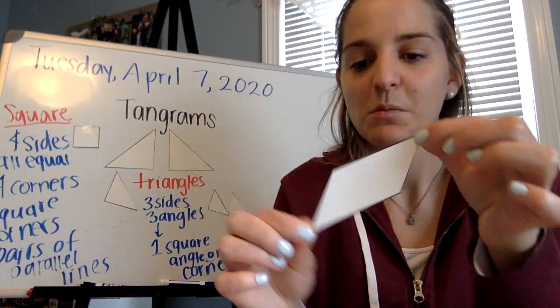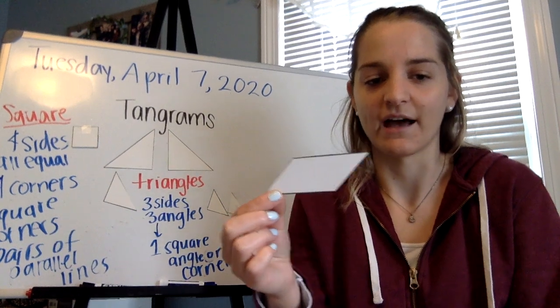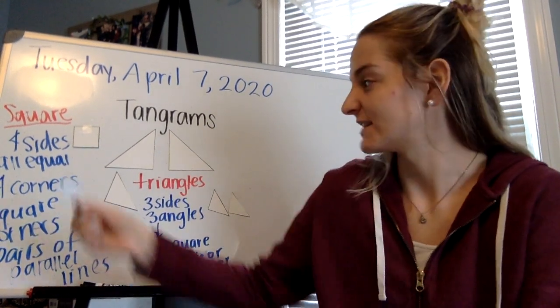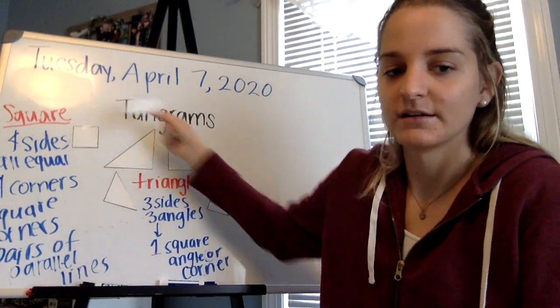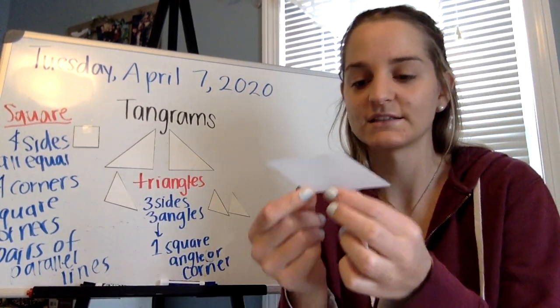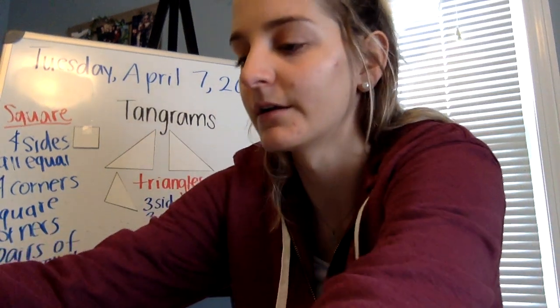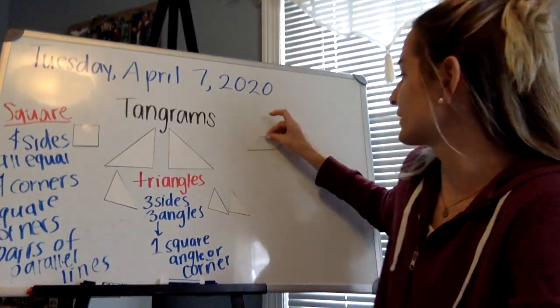We have this shape. Kind of looks a little bit different than what we have. It's definitely not a square. It's definitely not a triangle because it has 4 sides. So let's put it up here in our new shape.